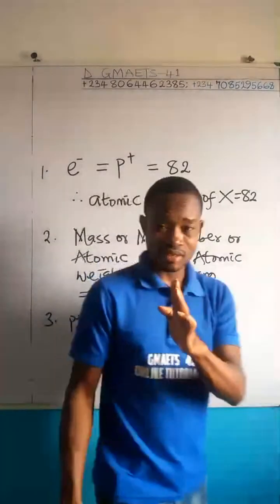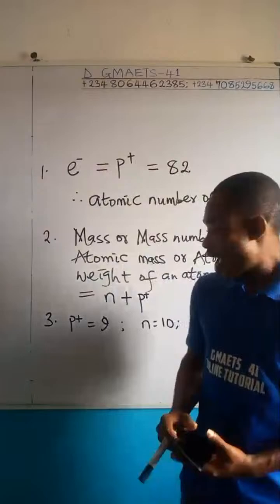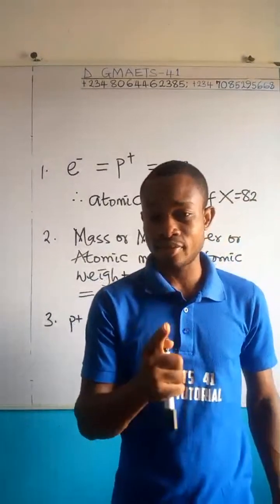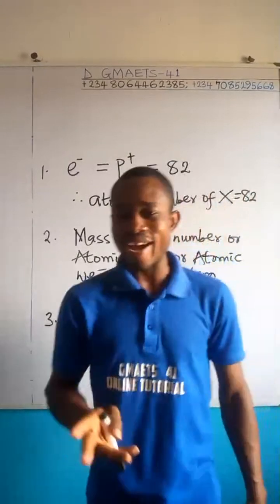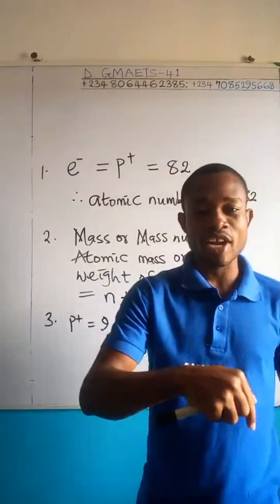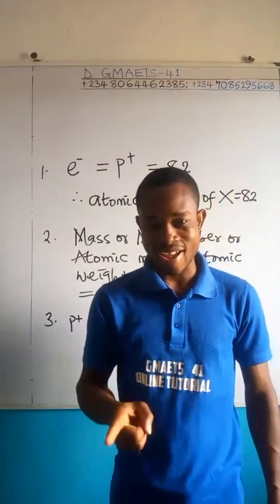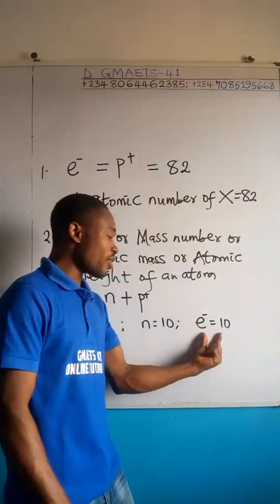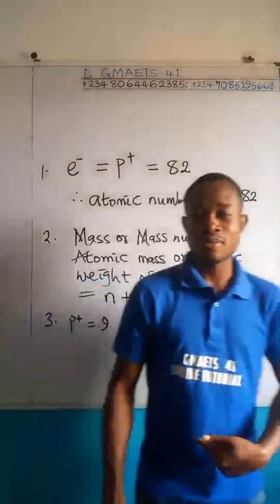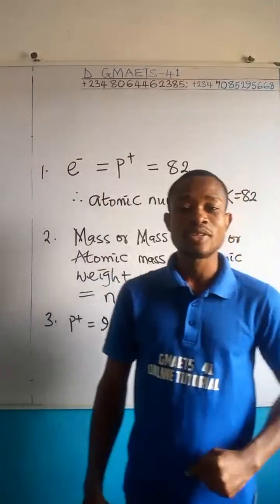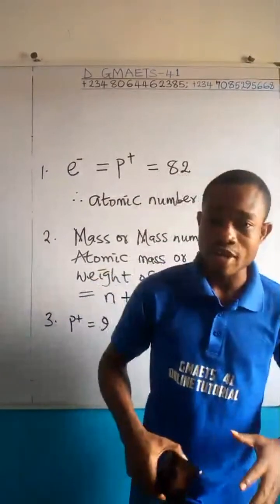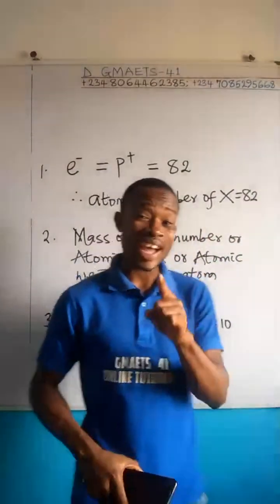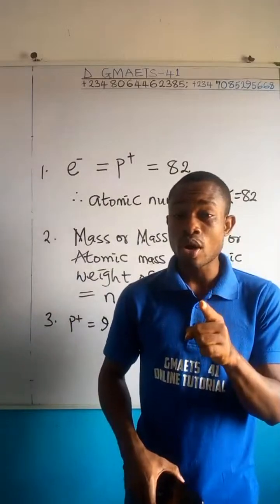In this question, the number of protons is 9. If this atom has not reacted, the number of electrons would also be 9. But observe that the number of electrons here is not the same as the number of protons, which simply means that this atom has reacted. Therefore, the atom here is actually an ion.